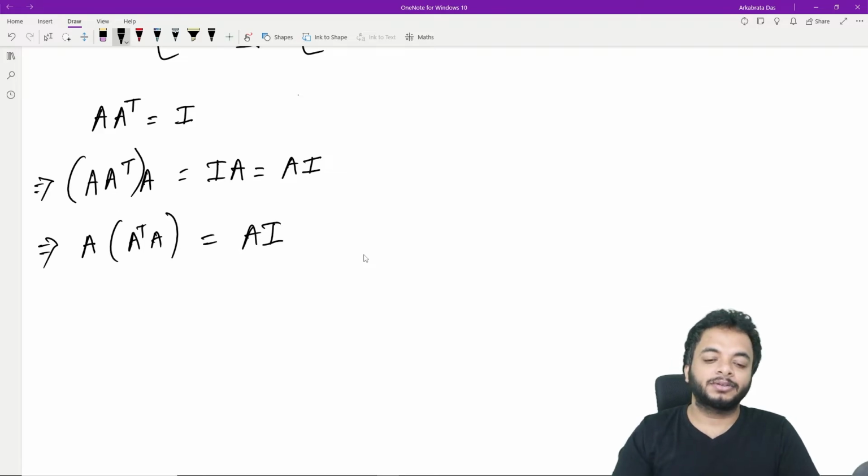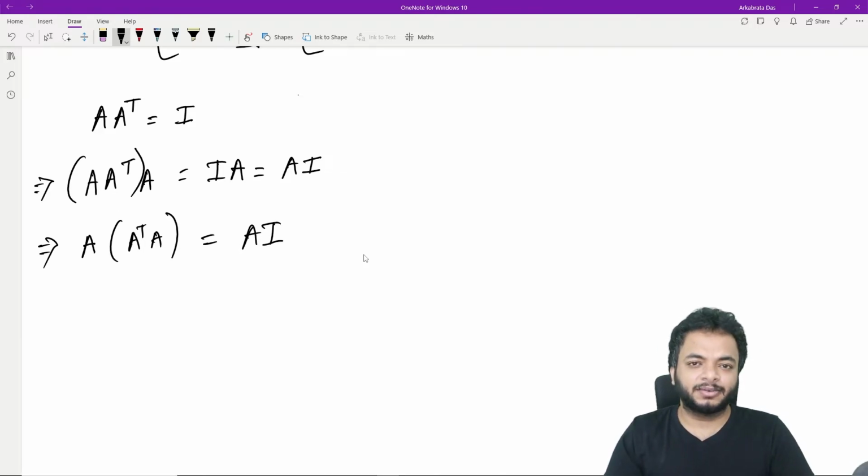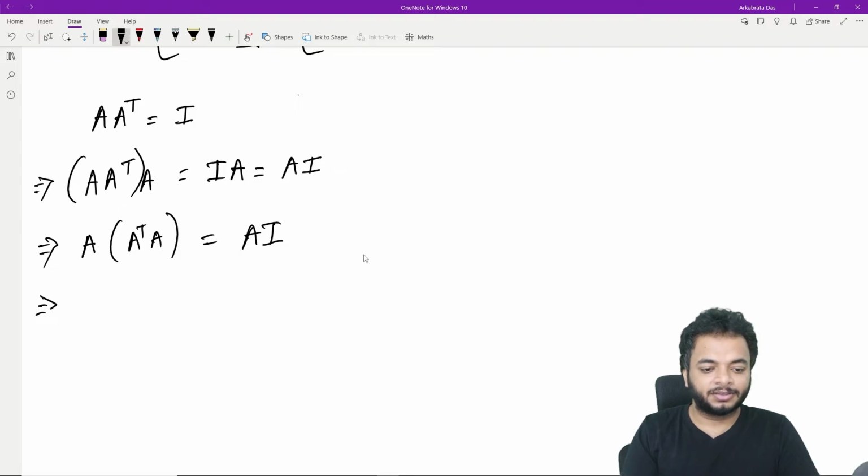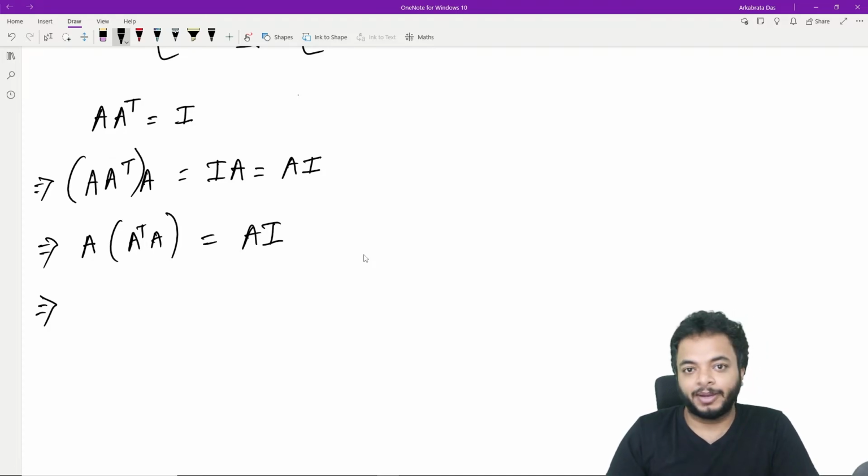I wrote I times A, the identity matrix multiplied with A. So it basically means nothing, like if you are writing it's equal to AI, because of the identity matrix. That doesn't happen for any matrix. So that is basically the commutative property, which doesn't hold in the set of matrices. You can have two matrices where AB might not be equal to BA.